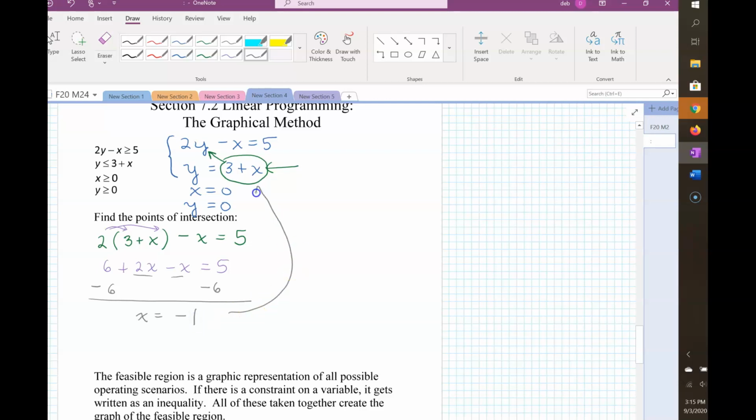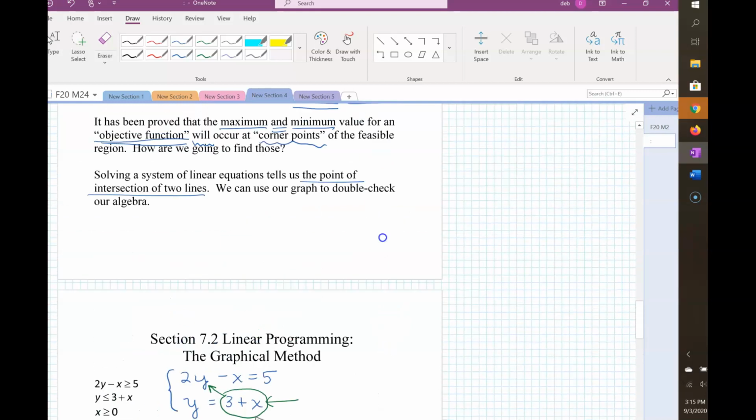Then you have a formula here that says if you know what x is, you can find y. So y is going to be 3 plus x, which is negative 1, so 2. And then we write our answer as an ordered pair, negative 1, comma 2.